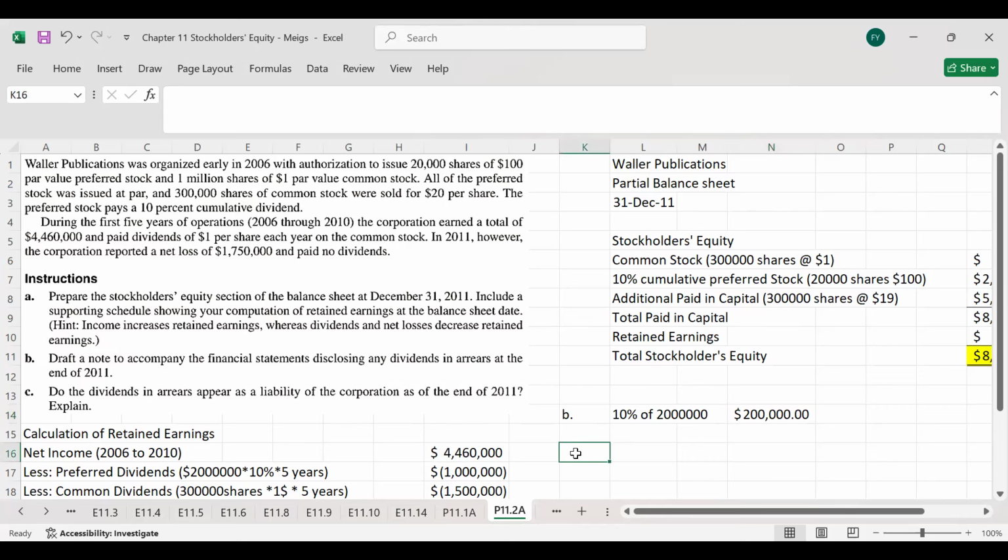So the answer to part C would be no. It will not appear in the liability section in the balance sheet. There's just a need to represent it in the notes to the financial statements as mentioned in requirement B.